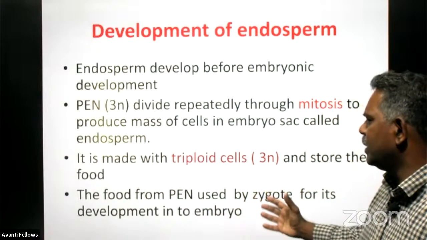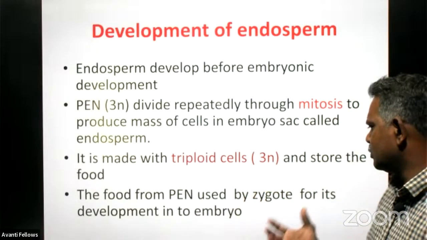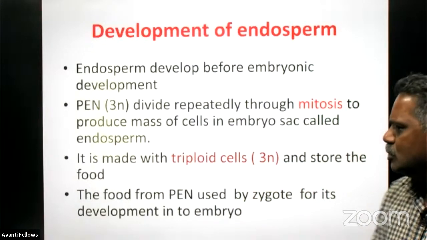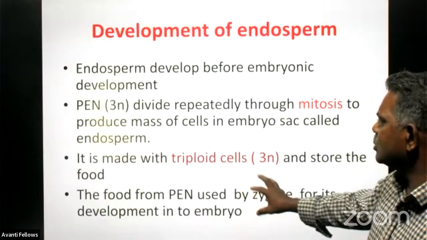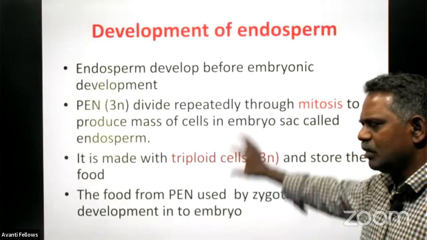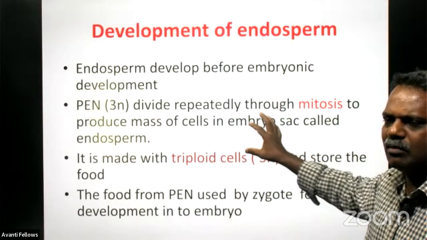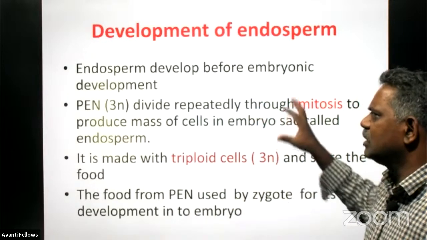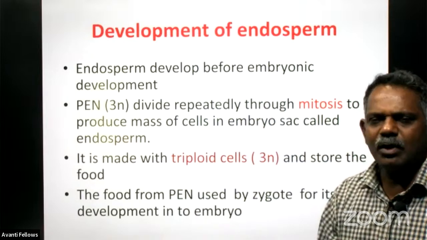The food from the primary endosperm nucleus is used only by the zygote for its development into the embryo.